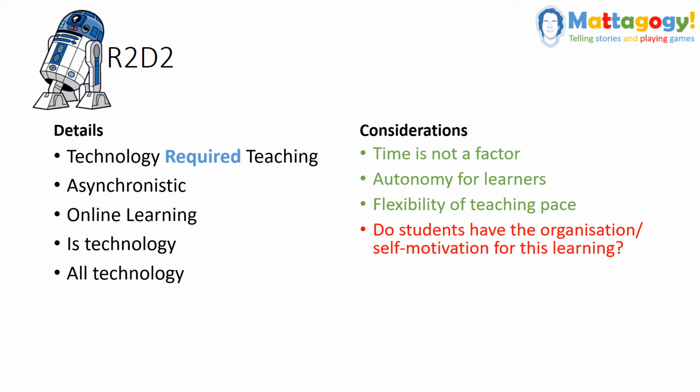The question though is, do the students have the organisation and the self-motivation for this style? Do they have that dedication to do it? A lot of athletes are that good because they are that dedicated. It always makes me laugh, ironically, with things like Sports Personality of the Year, a lot of the top athletes are not always that personable.